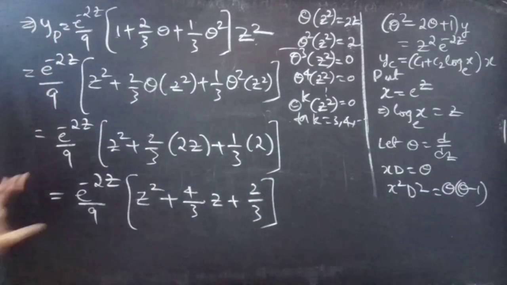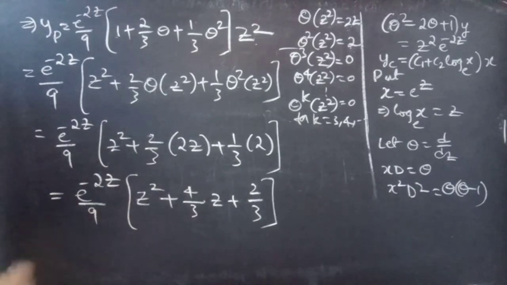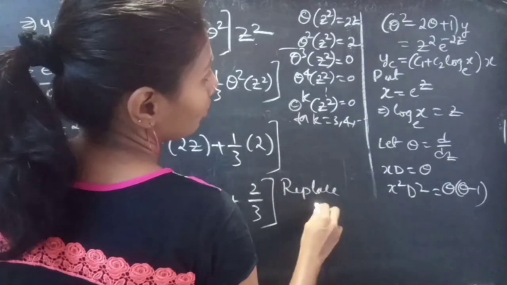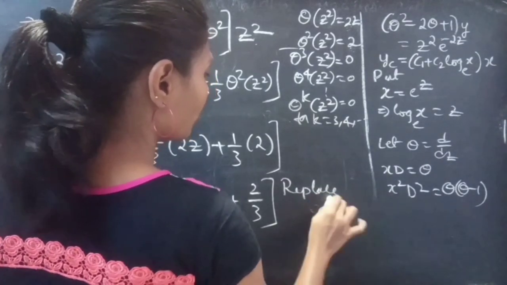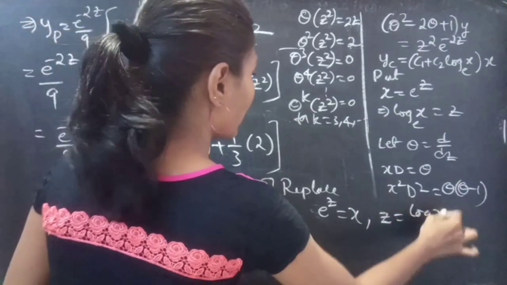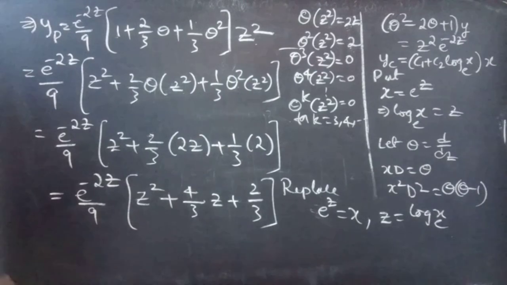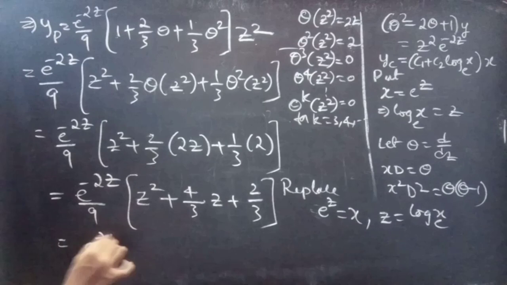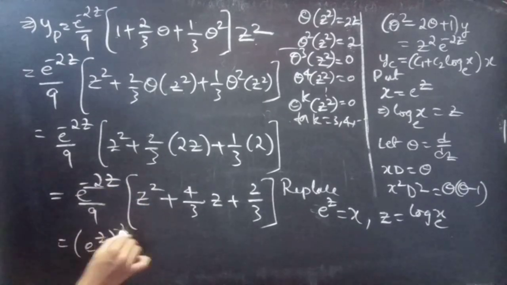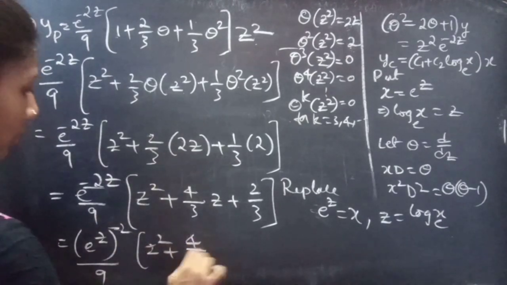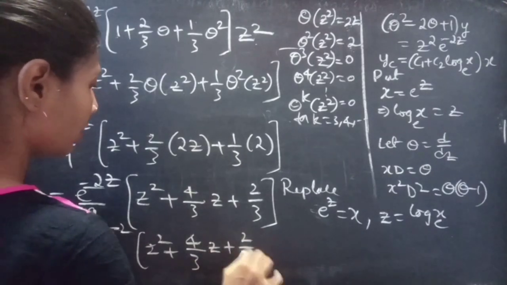Now we need to write in terms of x. So what we'll do is replace e power z by x and z by log x to the base e. Before replacing, we'll write e power minus 2z as e power z whole power minus 2, by 9 into z square plus 4 by 3 into z plus 2 by 3.